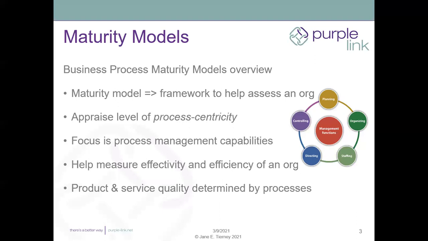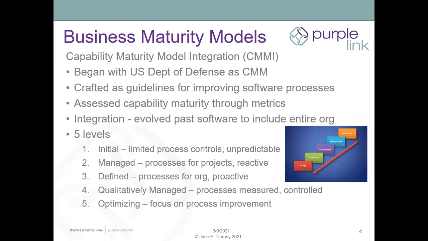If you have robust processes, then that's going to make your quality levels higher for your product and service. And so the maturity model looks at those processes and says, okay, do you have what's needed to be successful? Do you have in place these types of processes, and how robust are they? How broadly do they cover what you're doing, and are you doing enough of them?